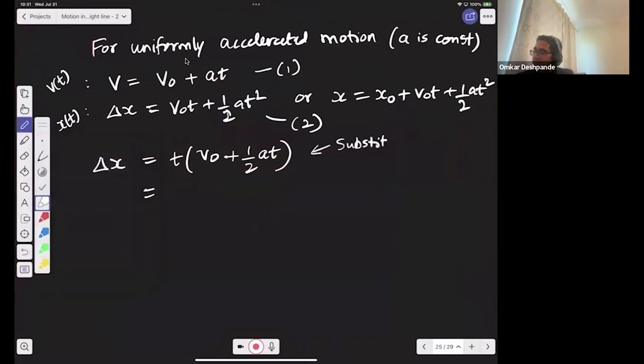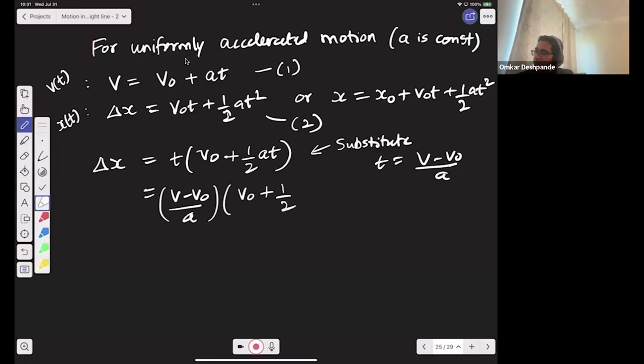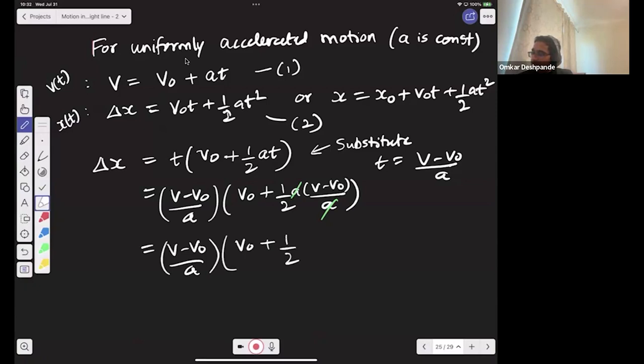Substitute time as v minus v0 by a into this. So I get v minus v0 by a times v0 plus half a times v minus v0 by a. All right, I just substituted v minus v0 by a for time. I see cancellations here. So I'll get v minus v0 by a times v0 plus half v minus half v0.